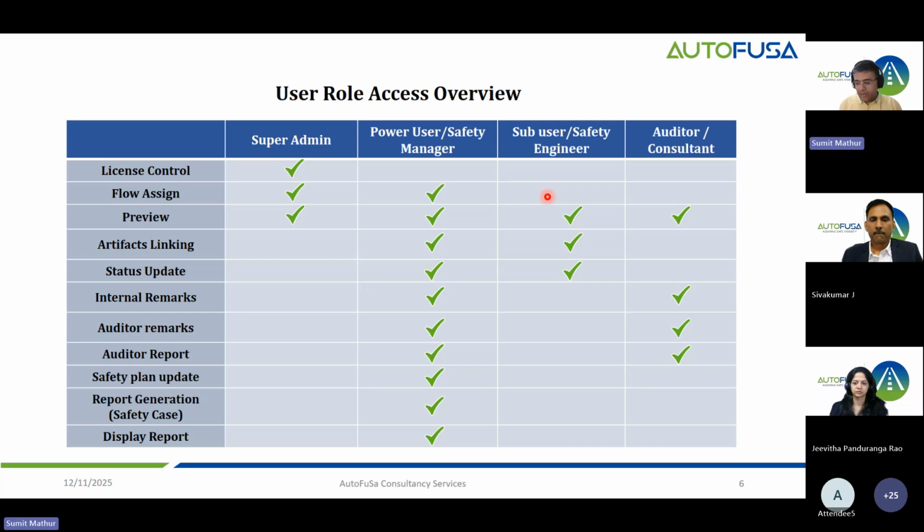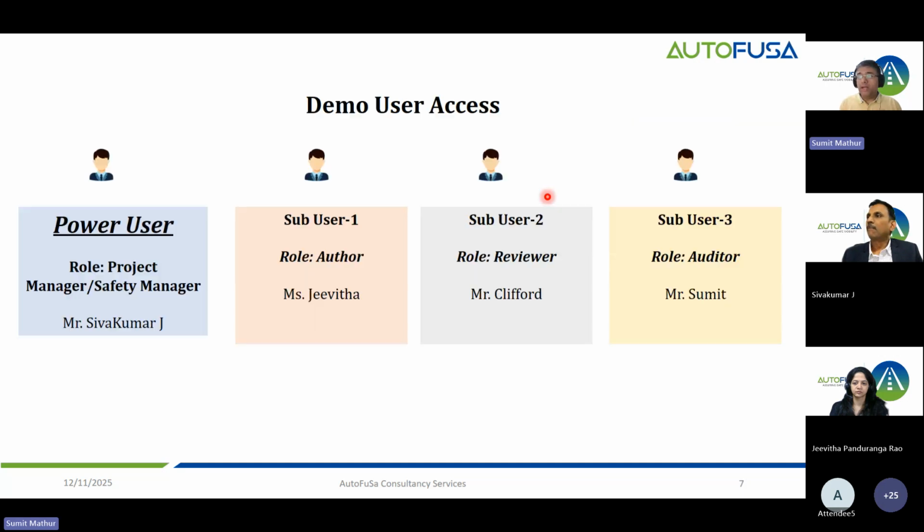So we will see in our role play. We will do a small role play where there will be a power user which will be played by Mr. Shiv Kumar J. There will be author who will be played by Miss Jivita. A reviewer role which will be played by Mr. Clifford, and I'll be playing role for auditor. So we have all these users.